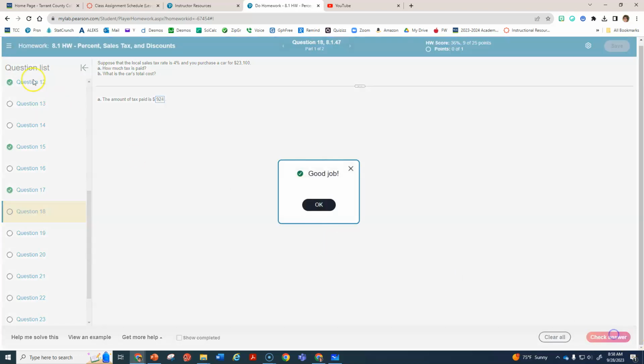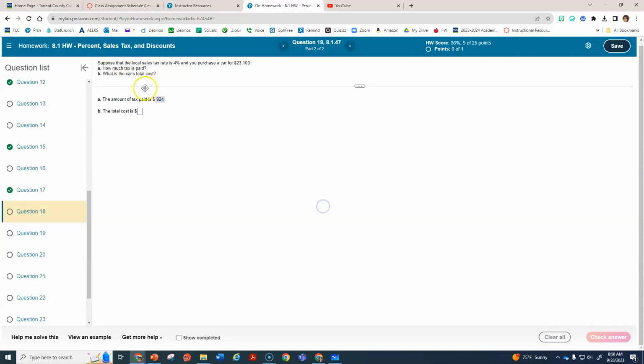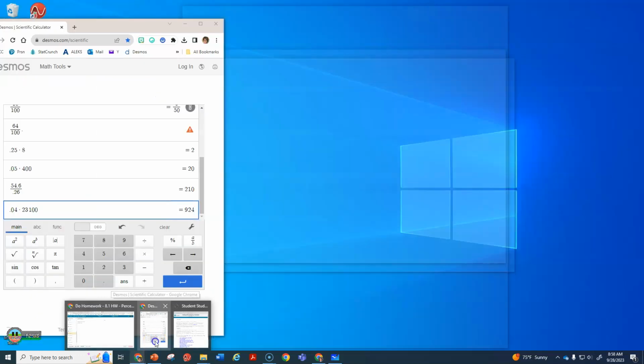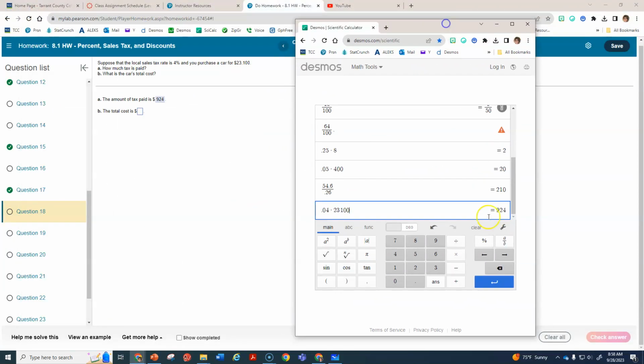And then the second question says, what was the total amount that you paid for the car? So you take this $23,100, you add 924, and you'll get the total cost of the car. So add to that, whoops, let me go back.